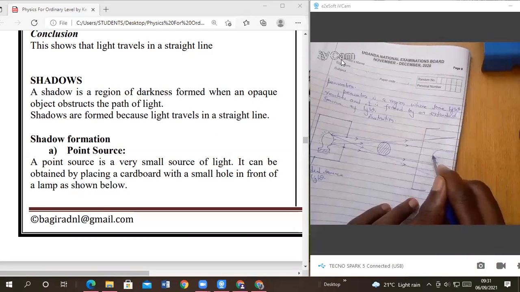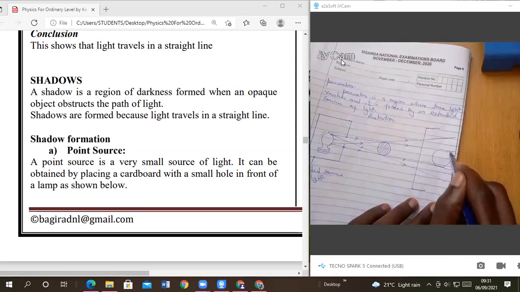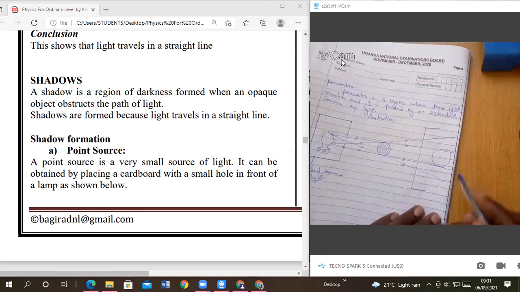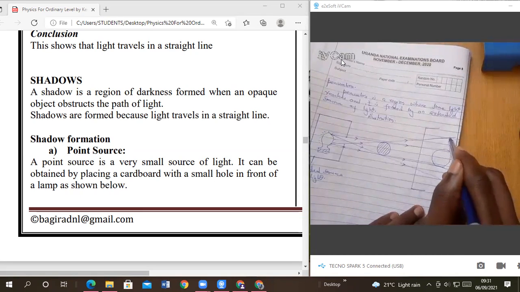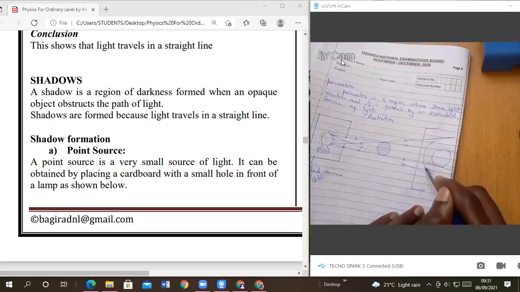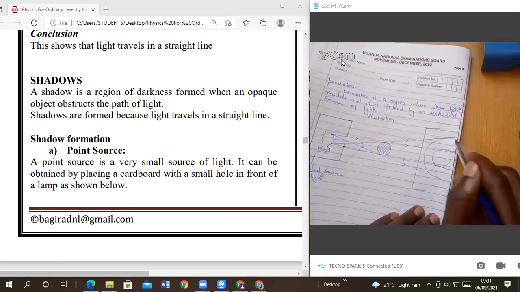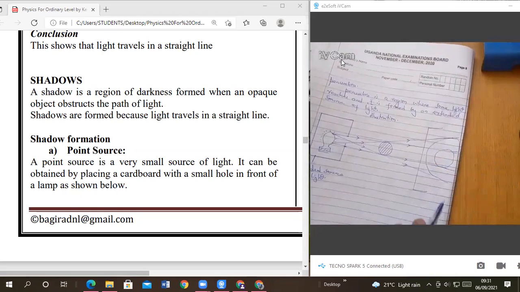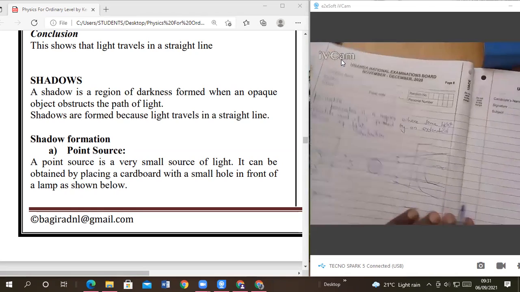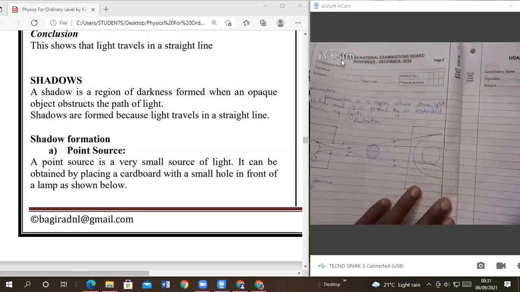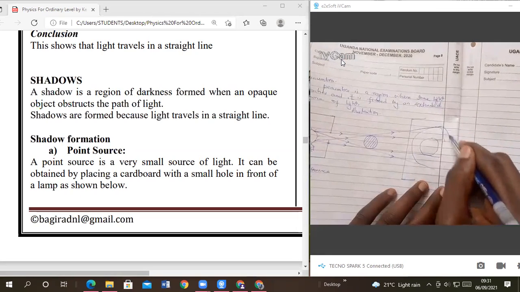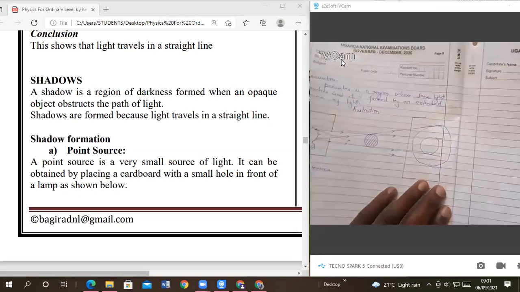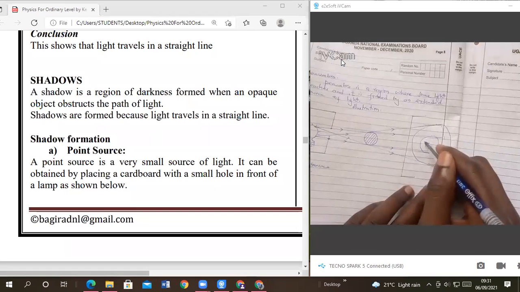Now, we're going to have this one here, which is the region of total darkness. Then we're also going to have another one, the bigger one, which comes outside like that.